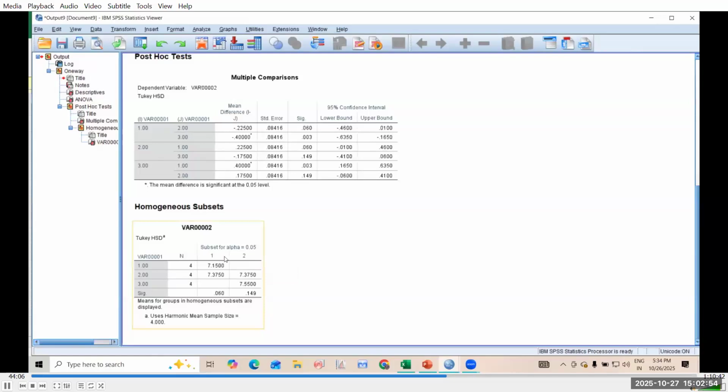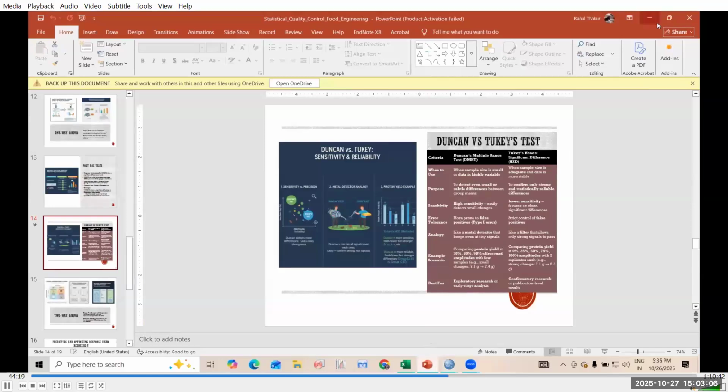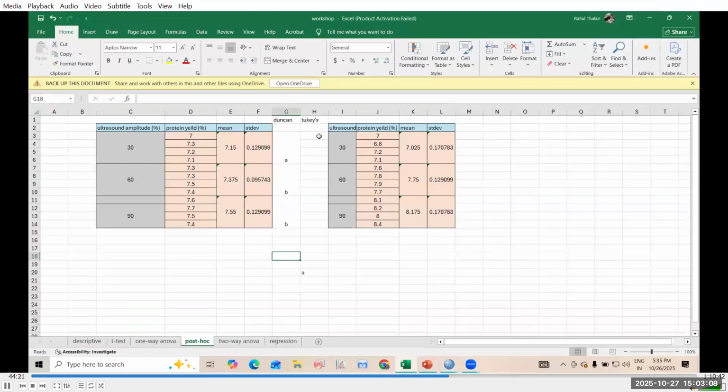Got it? So I'll represent it like this. In one column, we have seen that 30% had the slightly significant difference. Let's put the notation as in Excel for Tukey's.